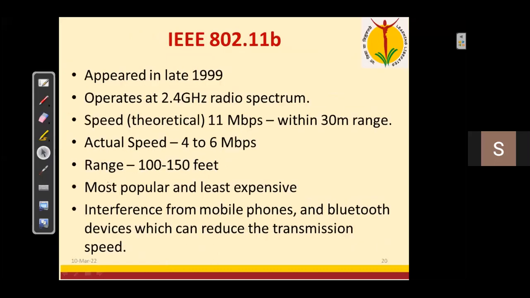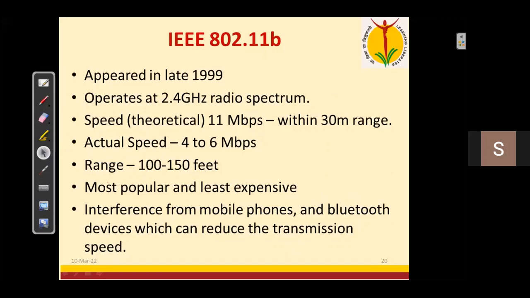For the communication purpose, the first standard was 802.11b Wi-Fi, in 1999. Its operating frequency range is in the ISM band, 2.4 gigahertz. The data rate theoretically is 11 Mbps, but the actual speed which we get is 4 to 6 Mbps.